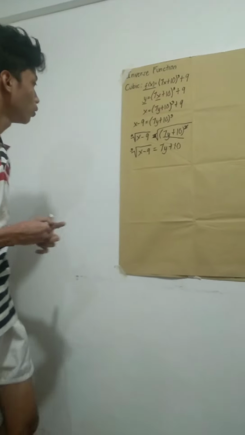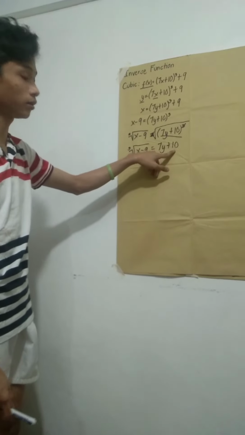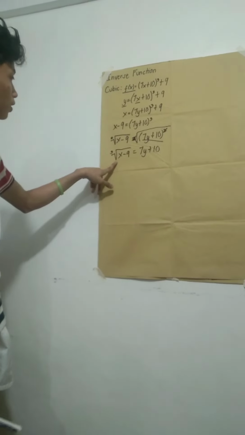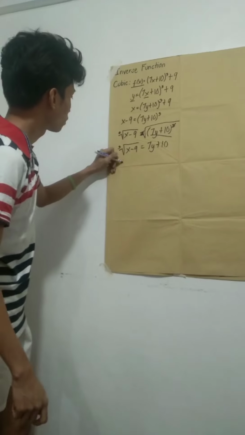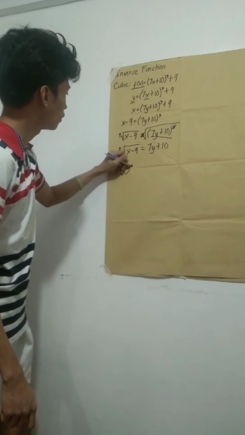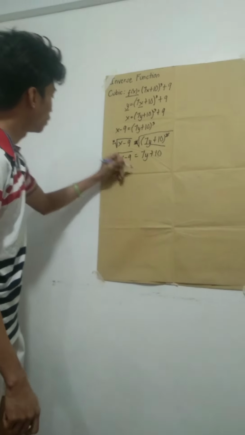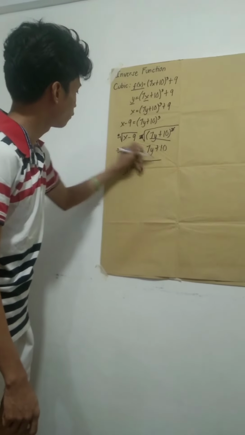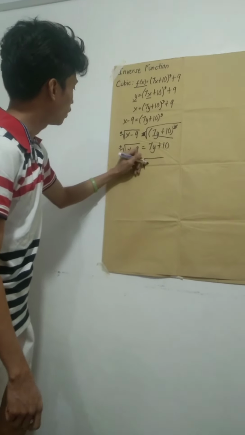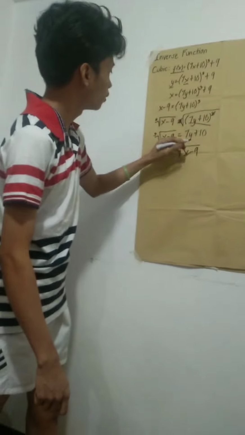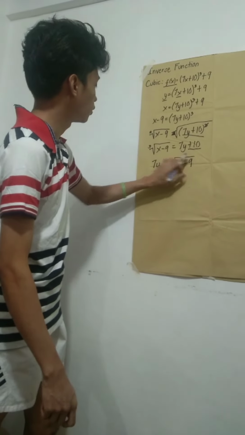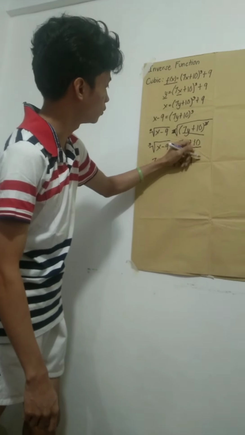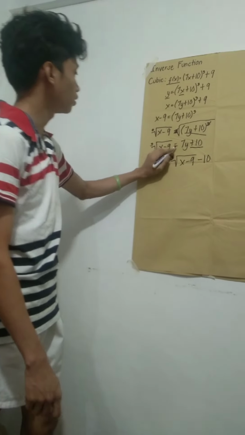So next step, we're going to move the positive 10 to the left side. So that would be 7y equals the cube root of x minus 9. This positive 10 is outside the radical sign, so that would be negative 10 because we are across the equal sign.